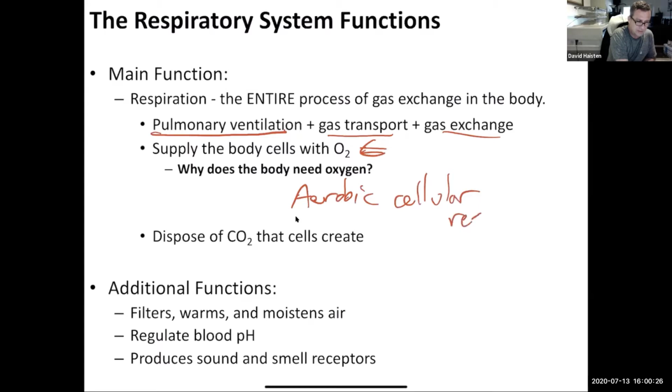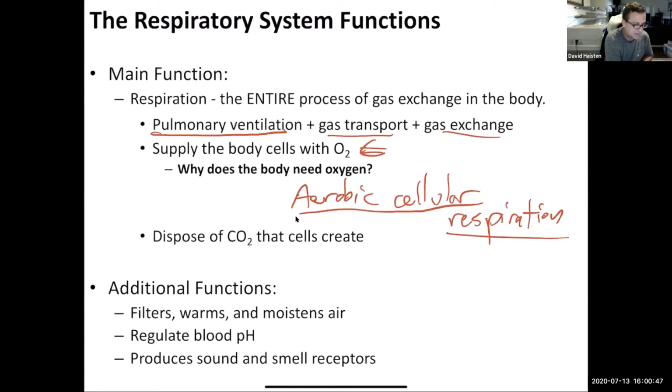Aerobic cellular respiration. Generate ATP. Okay. And get rid of carbon dioxide. Okay. Respiratory system needs to do that. Why is there CO2 produced? Because that's a waste product of this.